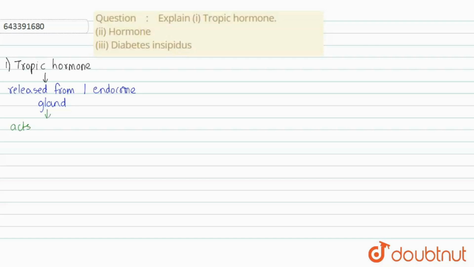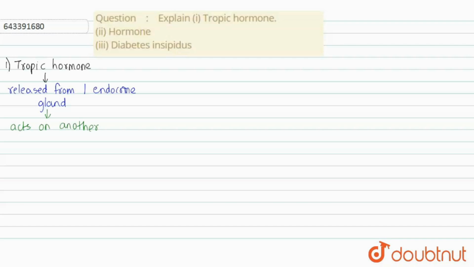So here the gland which is secreting the hormone is an endocrine gland, and the target cell is also an endocrine gland.